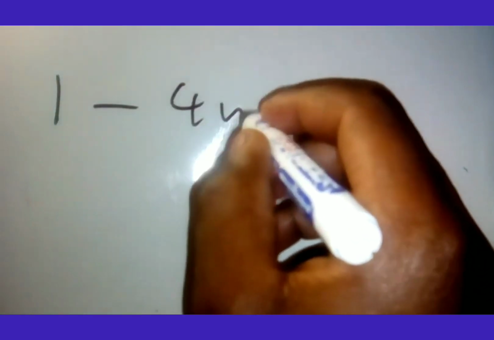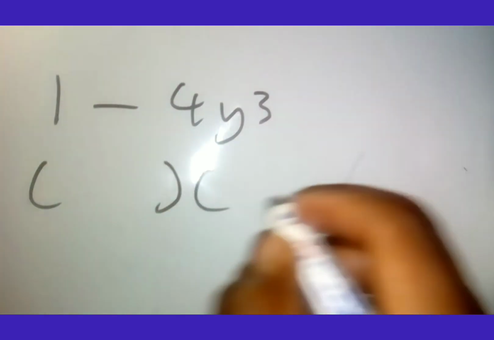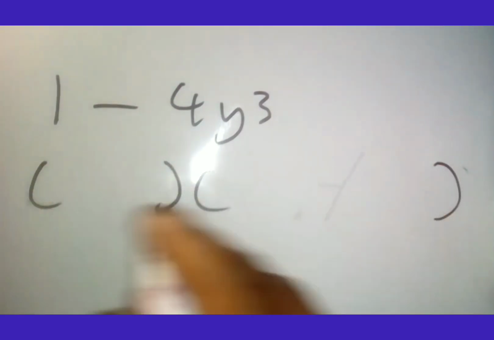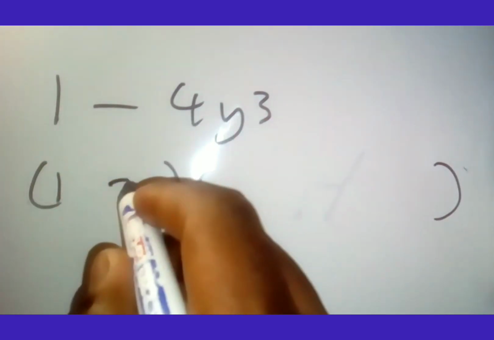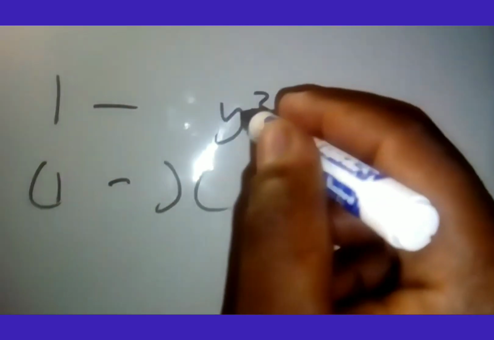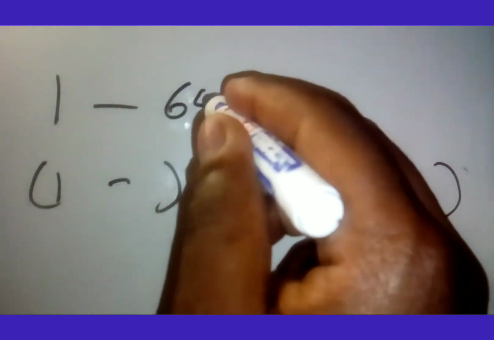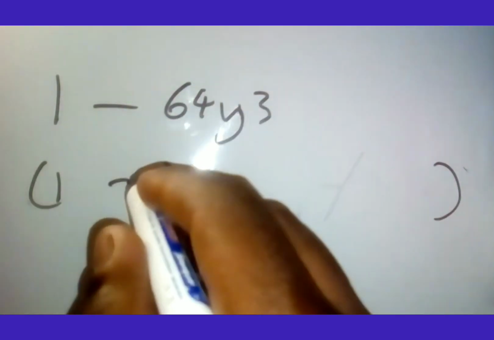Let's just do one more. 1 minus 4y cubed. Okay, I made a mistake here. This was not my intention. My intention was to say 64. So the cube root of 64 is 4, right?